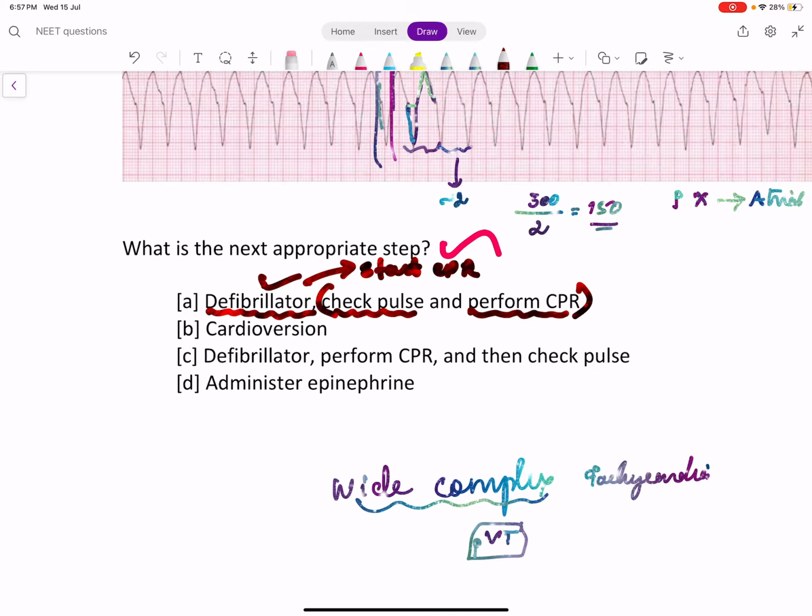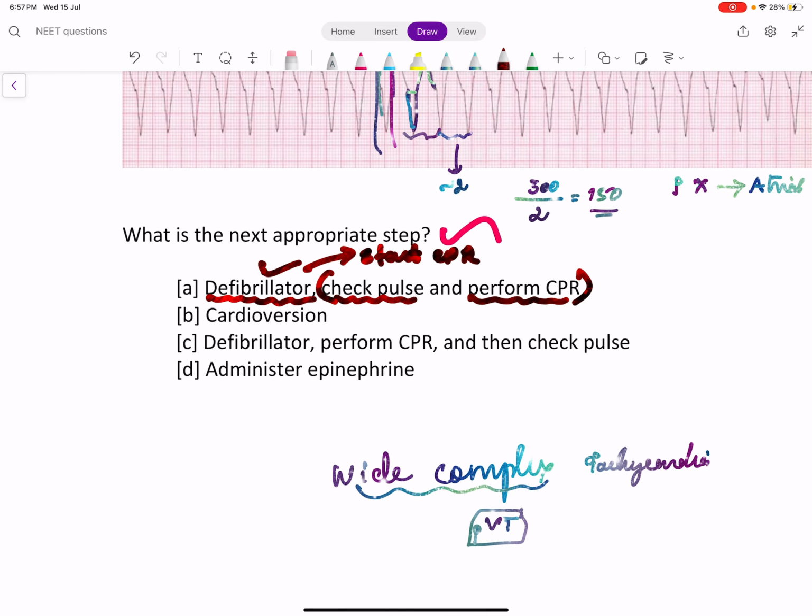Electrical activity stops, the heart does not pump. On giving defibrillation, we are bringing back the normal electrical rhythm, but still the mechanical activity will not be present. So there is no point in checking the pulse. Immediately after defibrillating, even though the rhythm comes, you must perform CPR immediately, and then only you should check for the pulse.